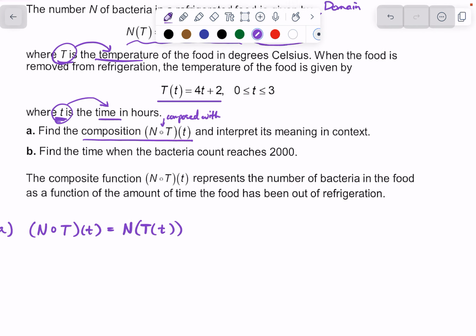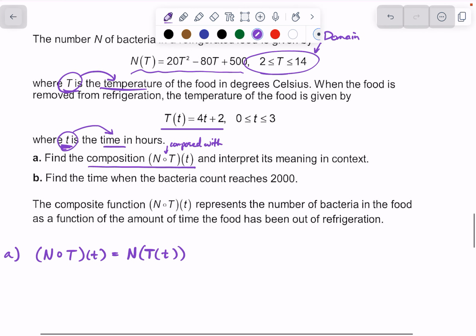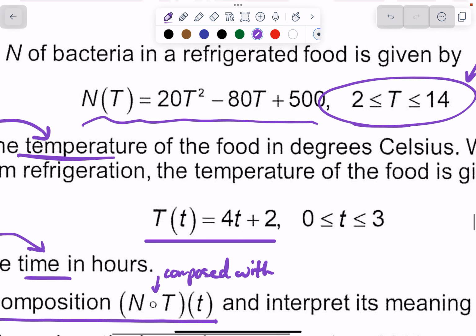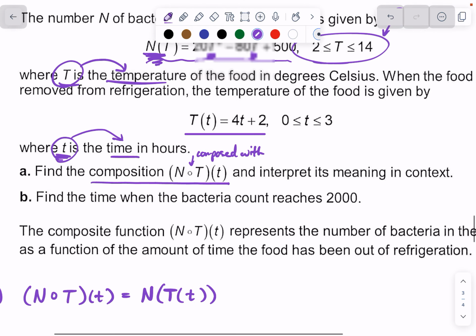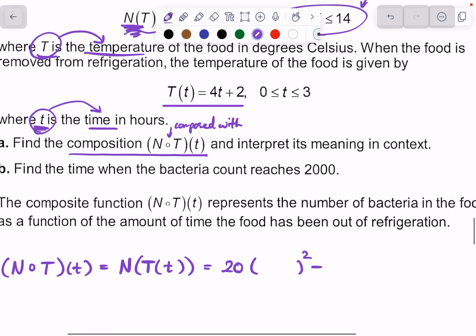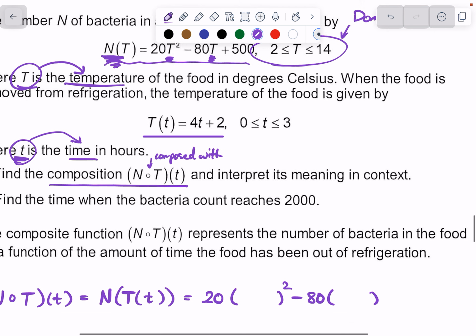Once you have that set up, it should be fairly straightforward. Now in this case, notice how the capital N function has a big T right there and a big T right there. You're going to replace both of those with parentheses. All right, so we get this equals 20 big parentheses squared minus 80 another big parentheses plus 500.